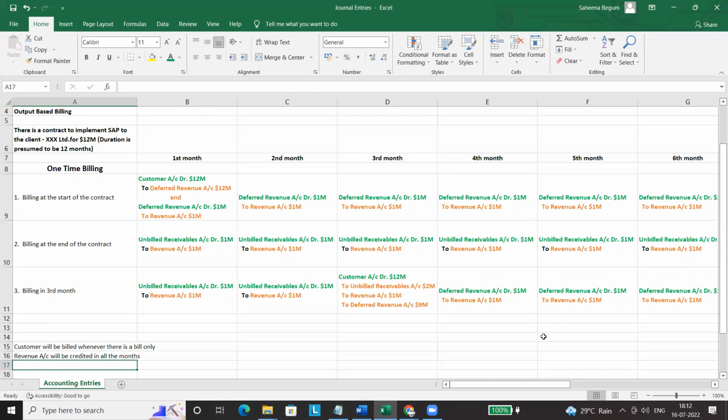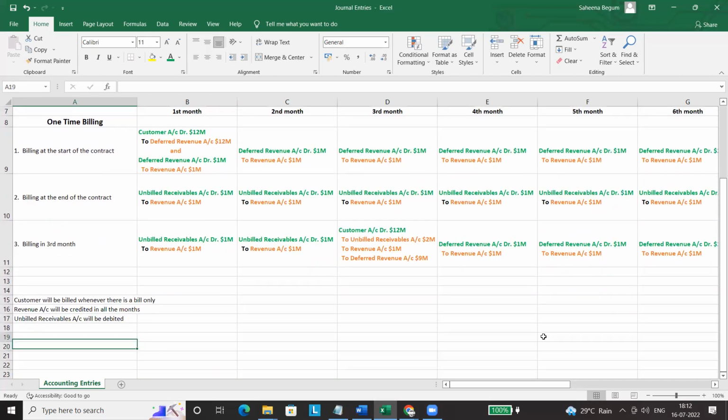The third thing is, whenever there is no customer bill, that means when we are not billing, then the unbilled receivables account will be debited in place of the customer.